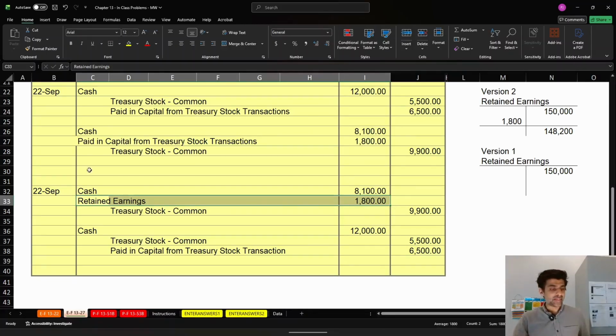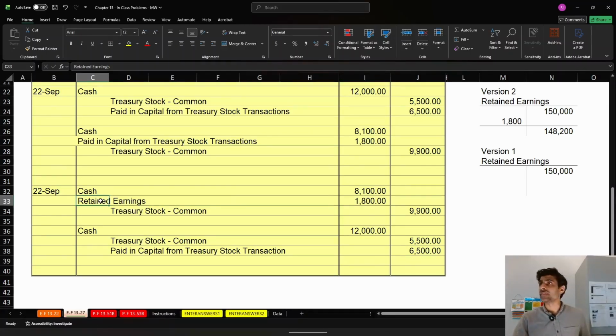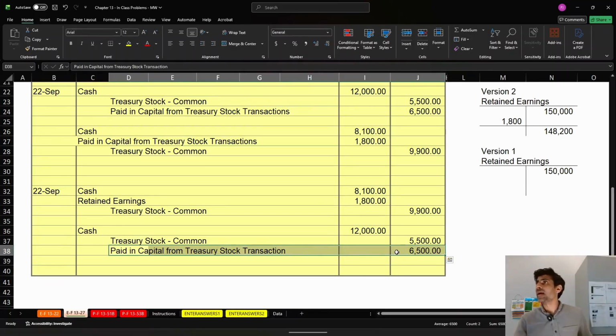So in that case, we had to take the loss to retained earnings. And then in the second transaction, we had the gain. We would have the balance there. Like in the real world, maybe you're going to have the loss transaction first, right? You're not always going to have this paid in capital from treasury stock transaction happen first, so you have a balance in it. It could have gone either way, but it would have changed how you accounted for it depending on how it went down.